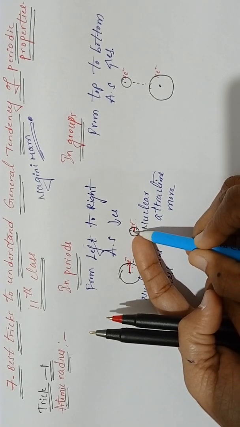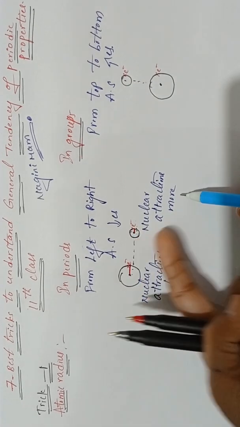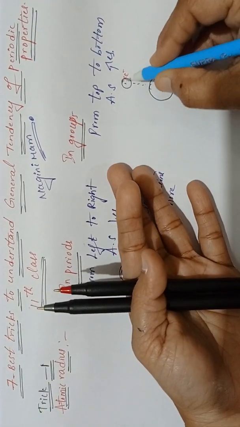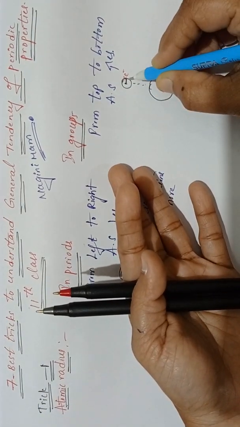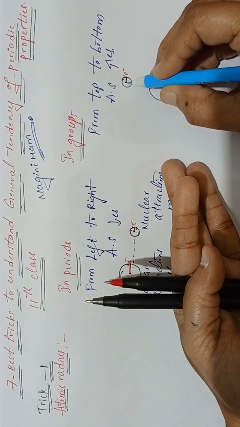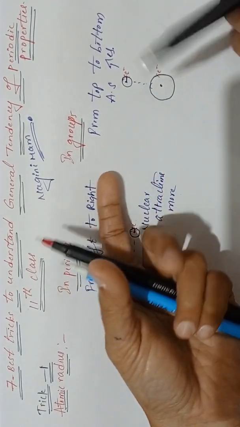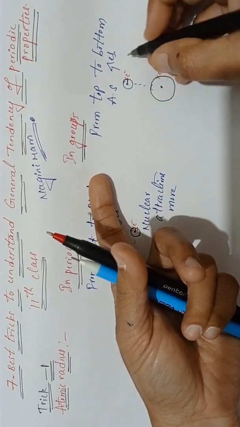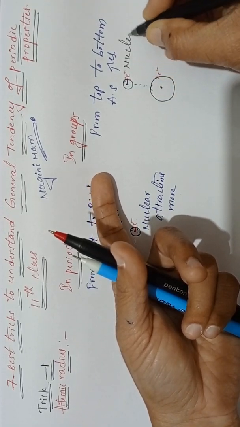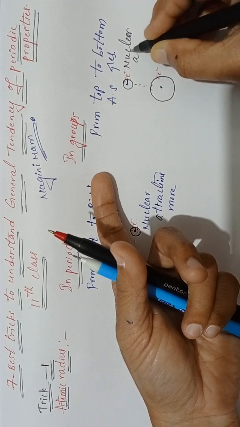In this case also, the same thing: the distance between the nucleus and the valence electron is less, so nuclear attractions are more.